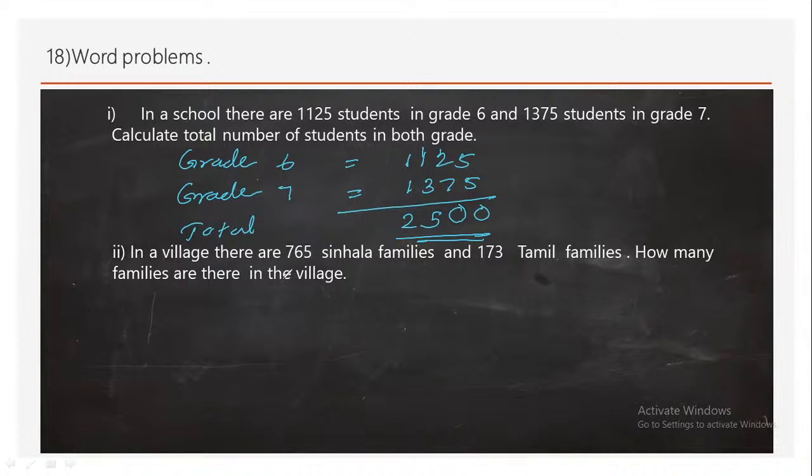In a village, there are Sinhala families and 173 Tamil families. How many families are there in the village?